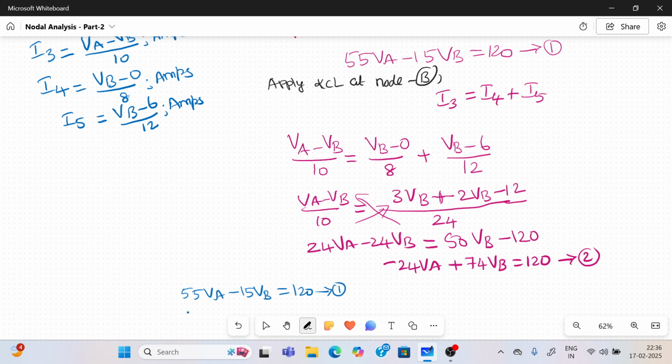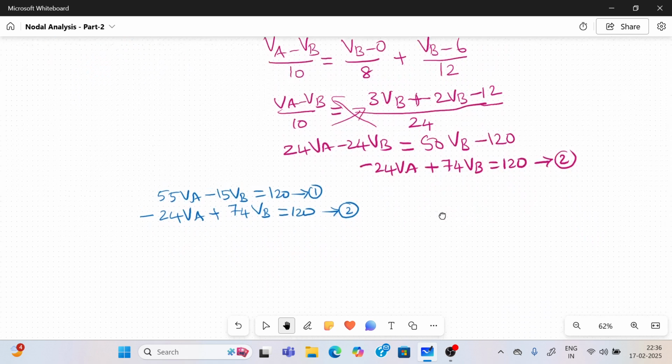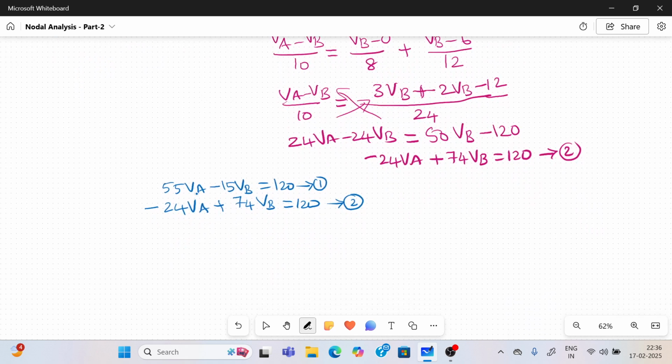The next equation is minus 24 VA plus 74 VB is equal to again 120. Equation number 2. So we can solve this equation 1 and 2. We have to find out the answer.